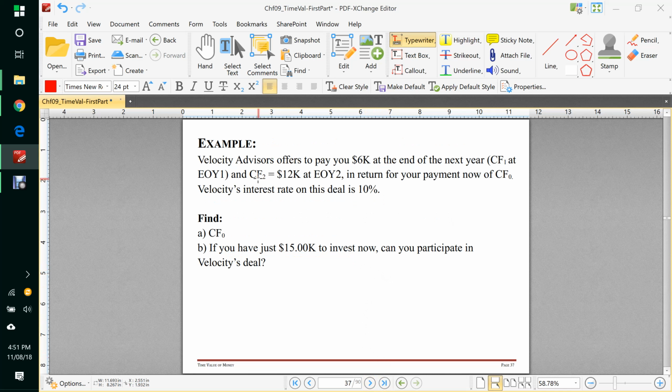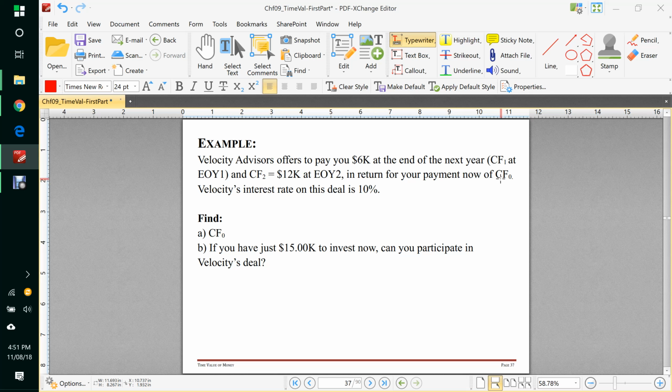All right, let's do another example. So Velocity Advisors offers to pay you $6,000 at the end of next year. So that would be cash flow 1 at end of year 1. EOY1 stands for end of year 1. And they're also going to pay you $12,000 at end of year 2. In return, what do they want for that?